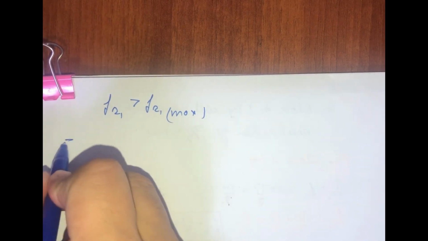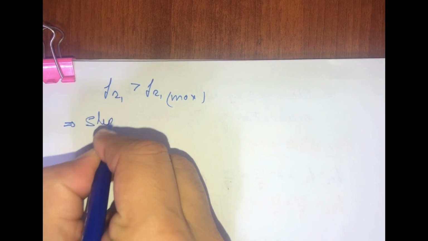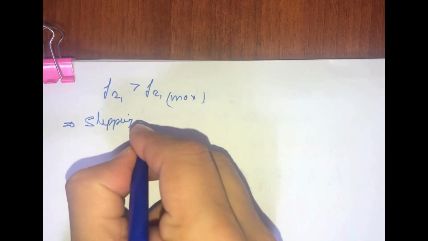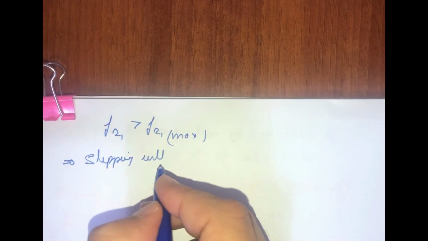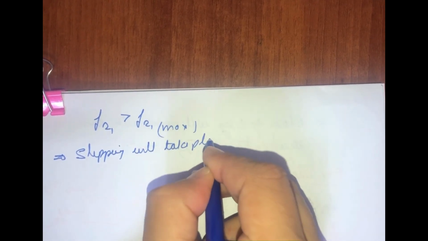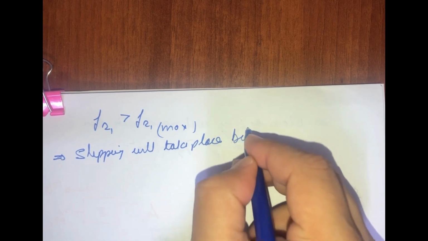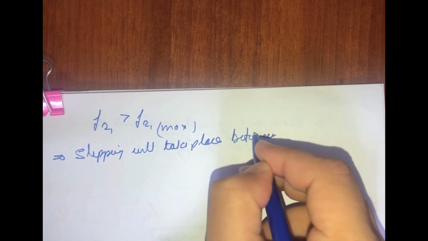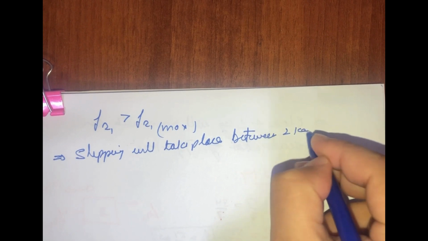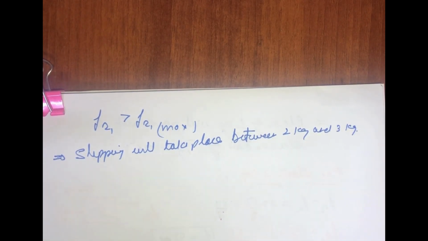So this implies that slipping will take place between the 2 kg and 3 kg.